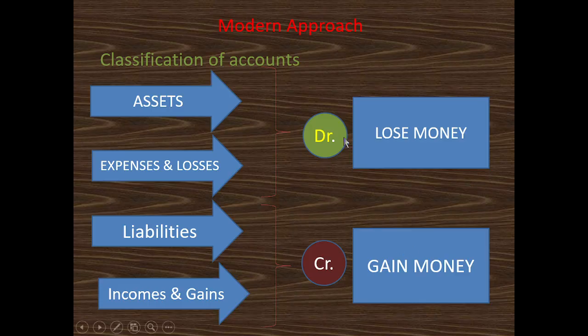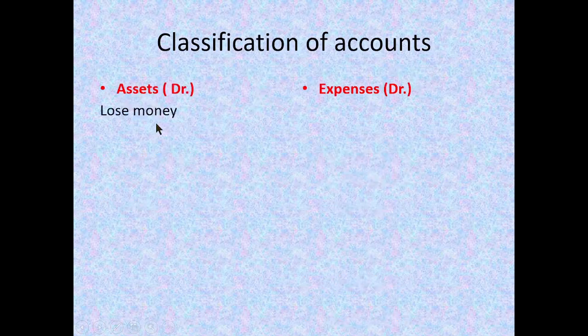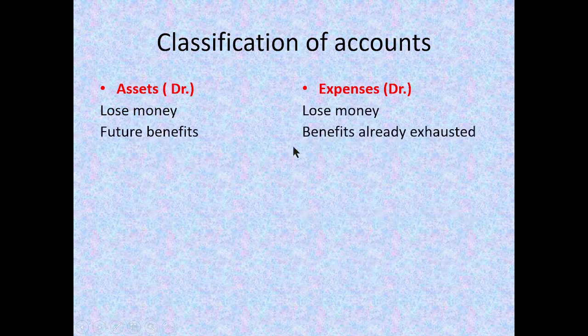So debit and credit is the basic nature of accounts. That is, assets and expenses have a debit balance, and liabilities and income have a credit balance. Based on the discussion, we can conclude that for assets and expenses, the common nature is loss of money. But for an asset, we get a future benefit, and for an expense, the benefit is already exhausted or short term.